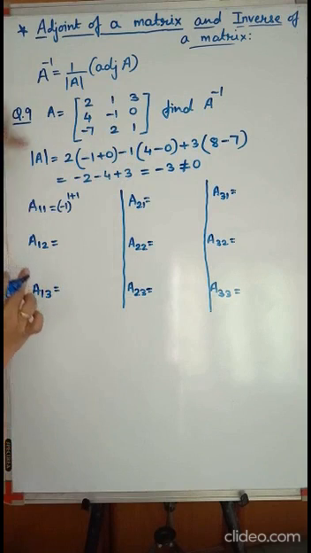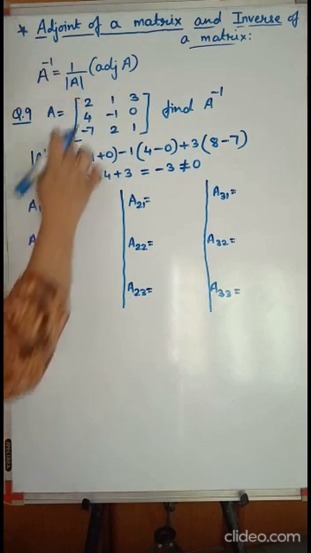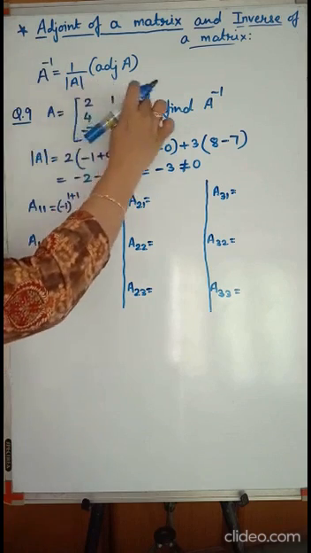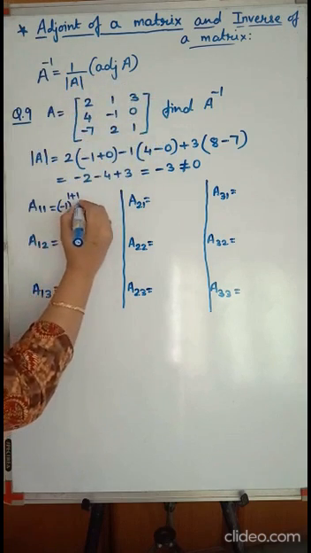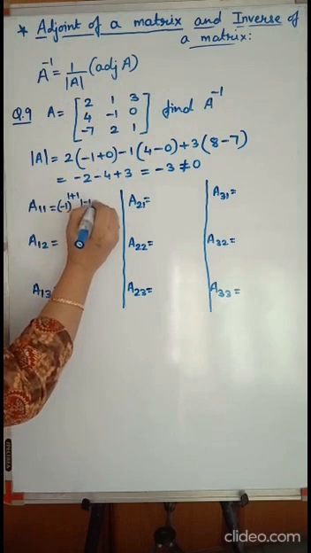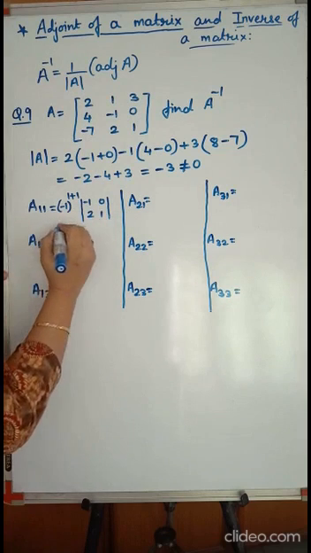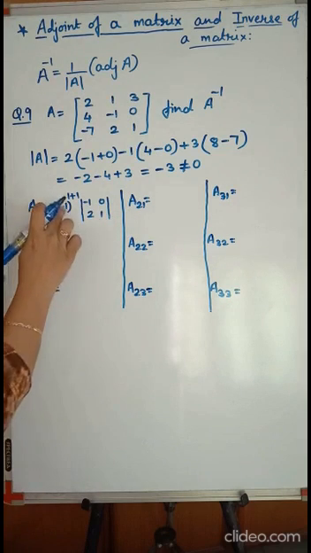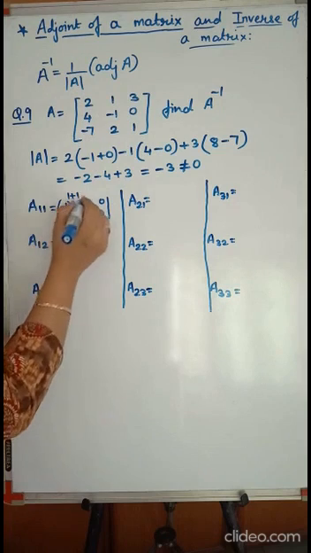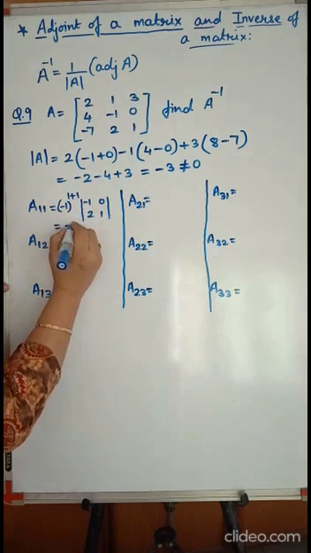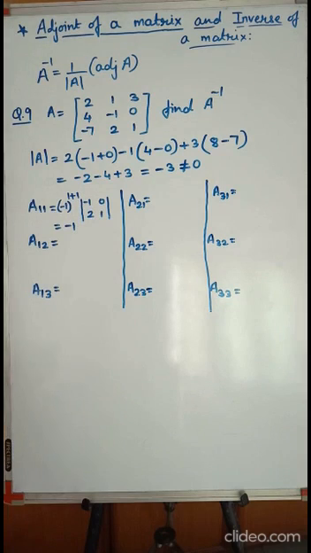If I am finding A11 means I have to find for 2. So this and this you have to remove. You will get minus 1, 0, 2, 1. So what will be my answer? Minus 1 to the power 2 is plus and I get here minus 1. So this is my A11.